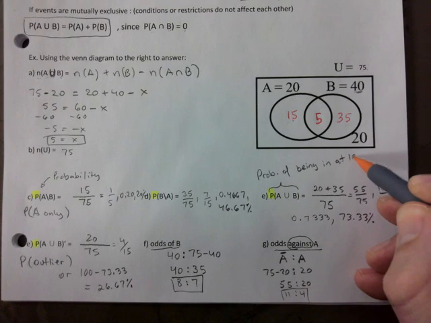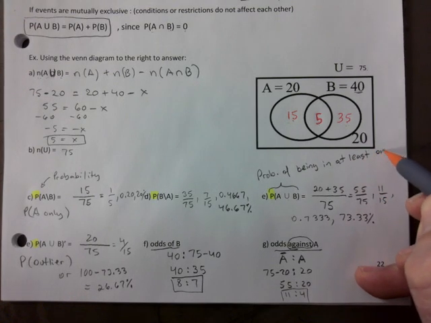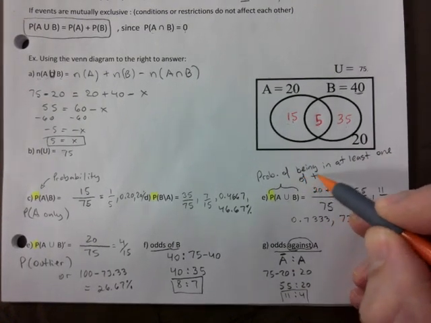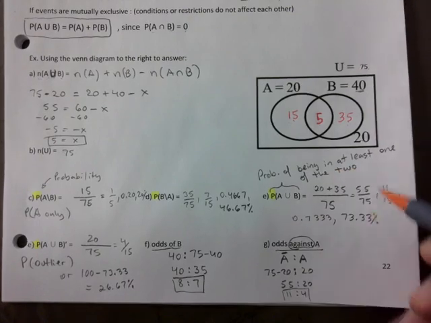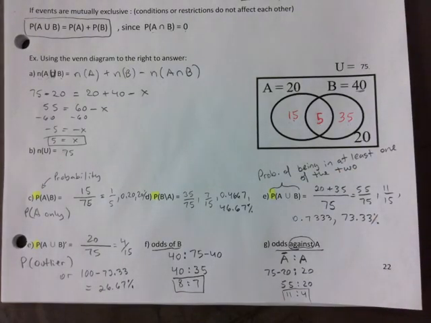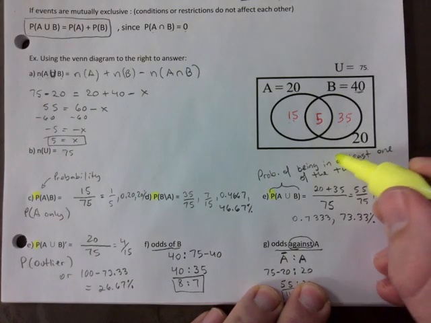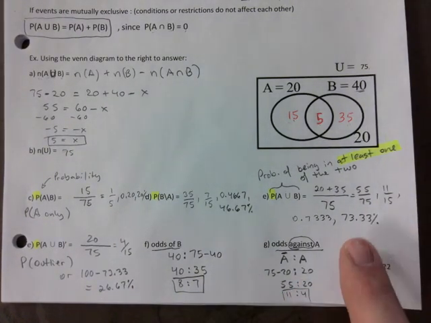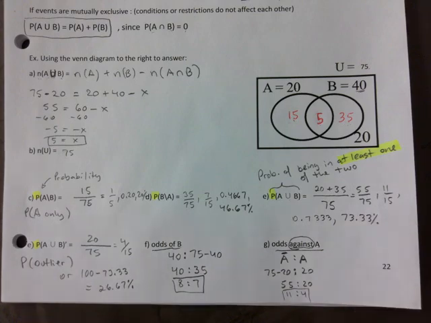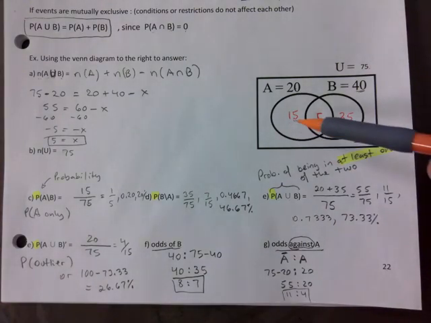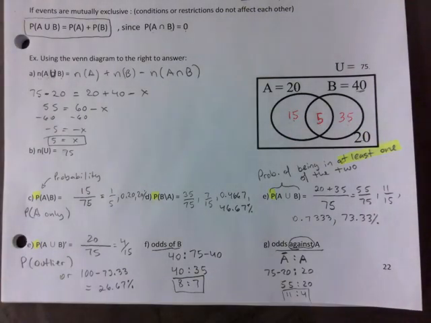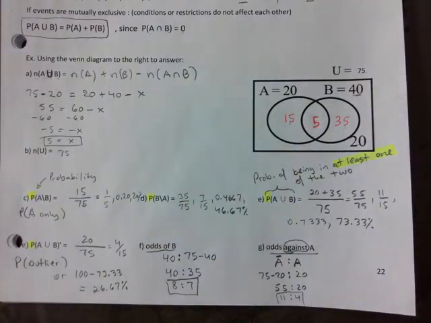The key word there is at least, being in at least one of the two. So there's a 73.33% chance that you're at least in one of the two. So it could be just here, in both, or just over there, but that's in at least one of them. Okay. All right.